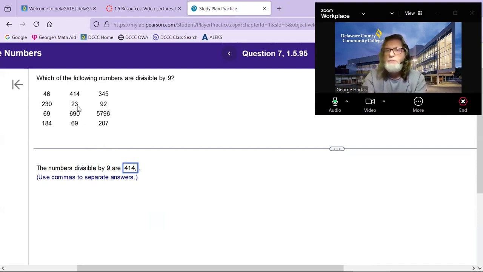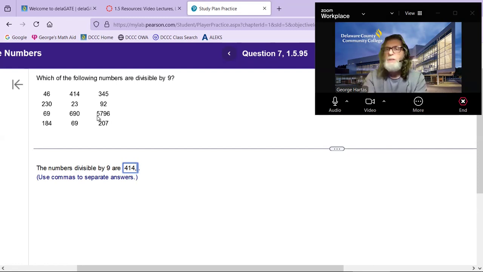2 plus 3 is 5. Nope. 6 plus 9 is 15. 15 plus 0 is still 15. 9 does not divide into 15 evenly. Nope. 3 plus 4 is 7. 7 plus 5 is 12. 9 does not divide into 12 evenly. Nope. 9 plus 2 is 11.